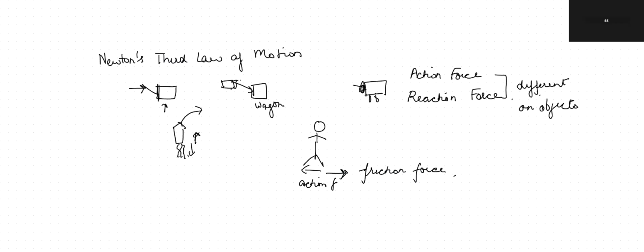So first is the action force. When we take a step forward like this, our foot exerts a force on the ground in the backward and downward direction. This is an action force.